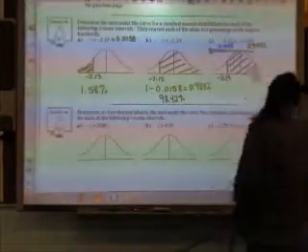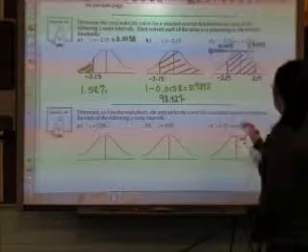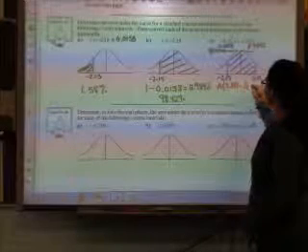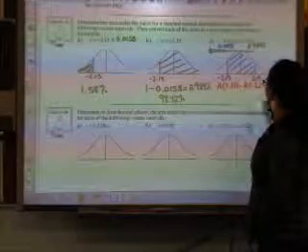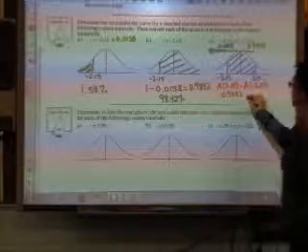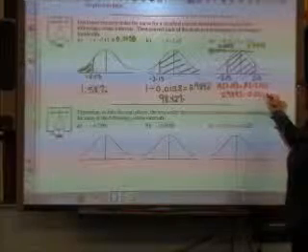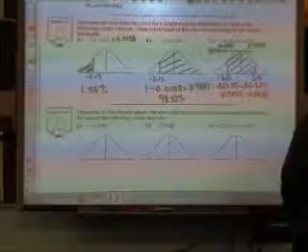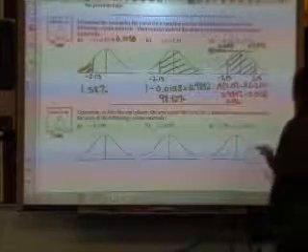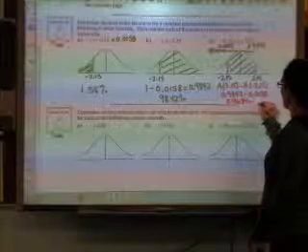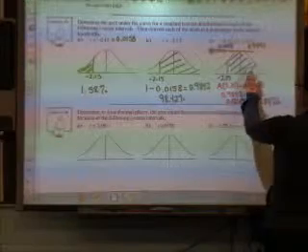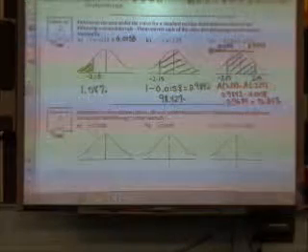So then my area would equal the area of 2.15 minus the area of negative 2.15. So 0.9842 minus 0.0158, which equals 0.9684, or 96.84% of the data lies between these two z-scores.